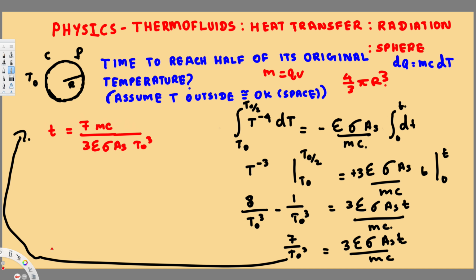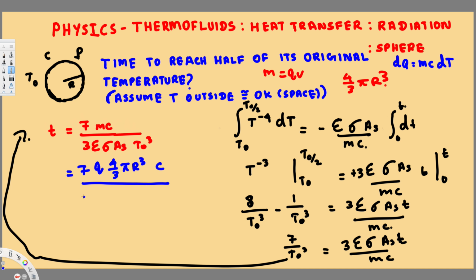So instead of mass, I replace this with rho V c, and instead of V, I write 4 over 3 pi r cubed. So this is going to be rho times 4 over 3 pi r cubed and c.